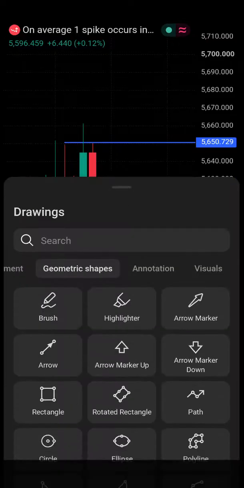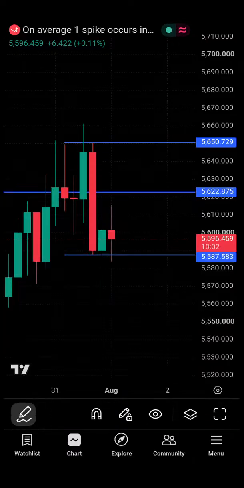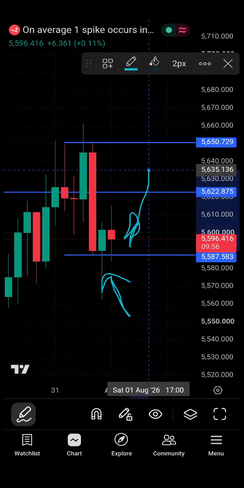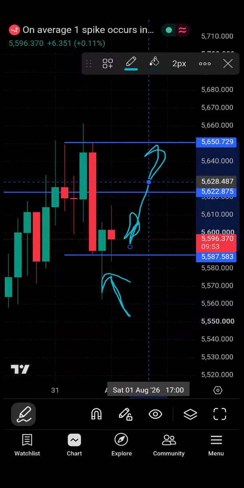Since we are saying we have CRT, let's look for other confirmations if we want to buy from this area to this area. Let's look for other confirmations on the lower time frame.